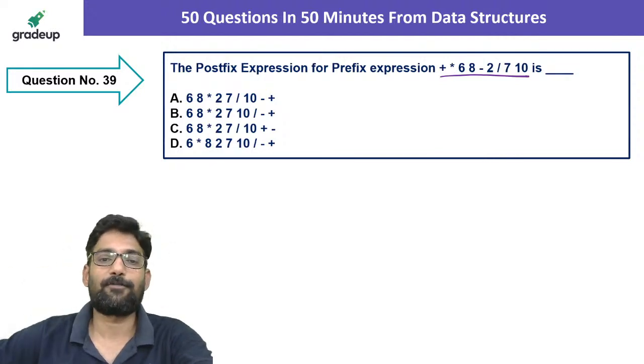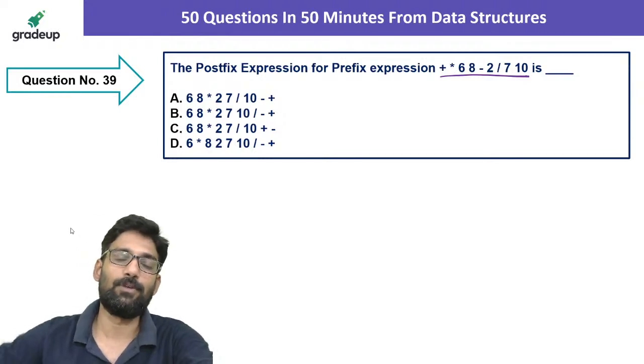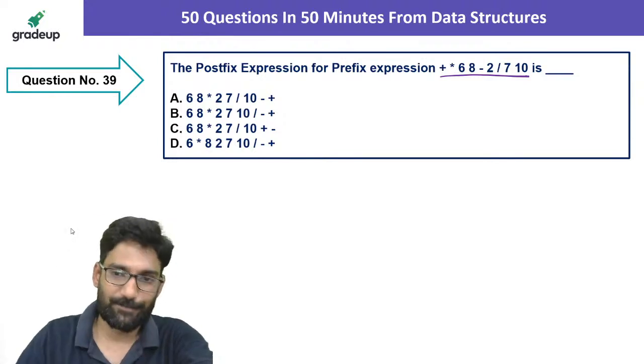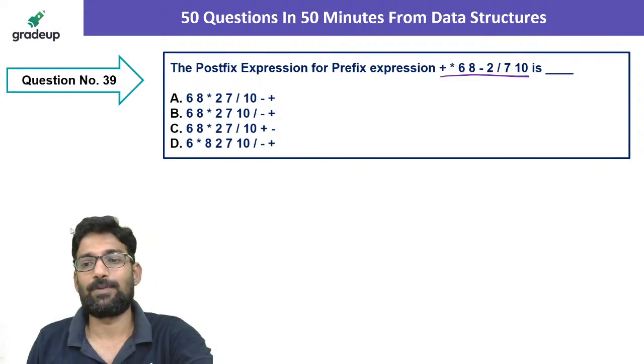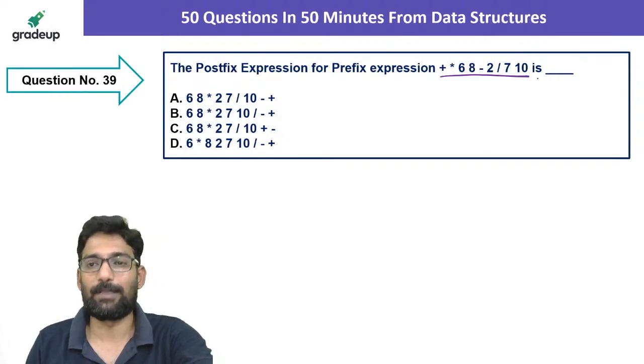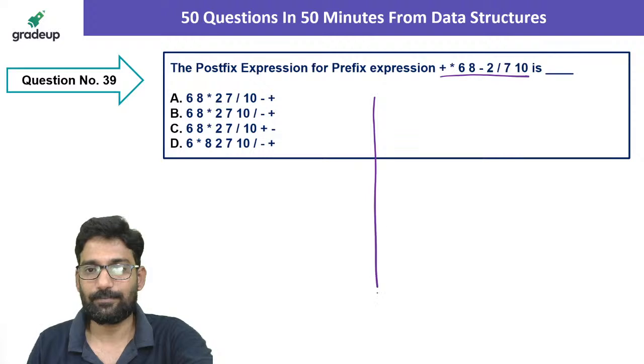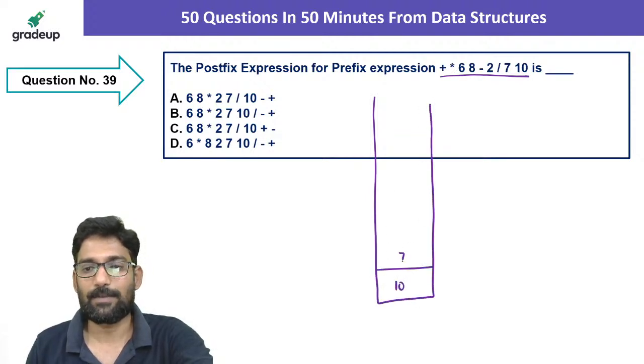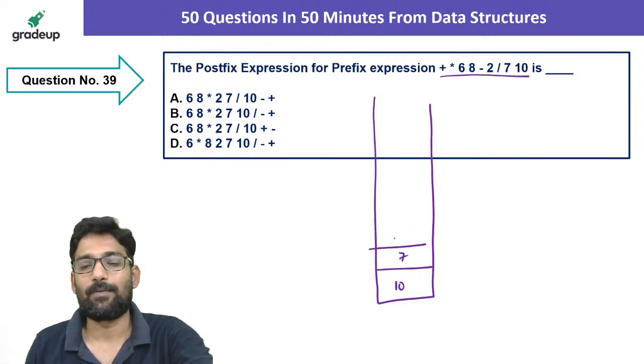So we have prefix to postfix conversion. You will scan from right to left. So 10, 7. Whenever you get an operand, you just write it down, so 7, 10.